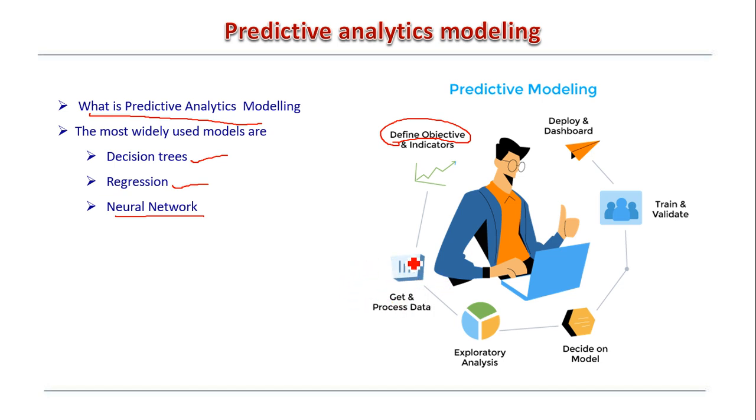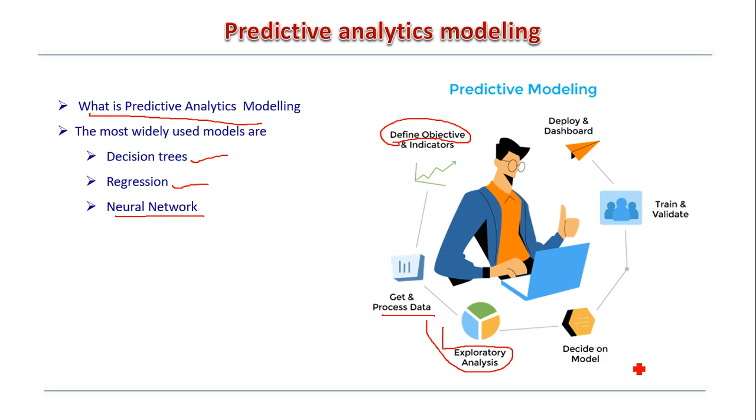Once the data is collected, that is raw data. Once we have raw data, we need to process it. If there are any unnecessary columns, we need to process them. After that we have to explore it. Exploration is understanding the data, how the data looks.